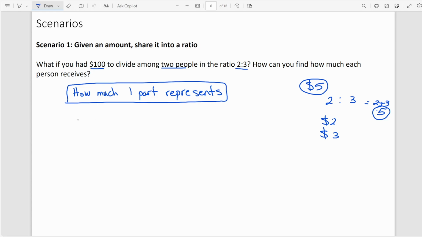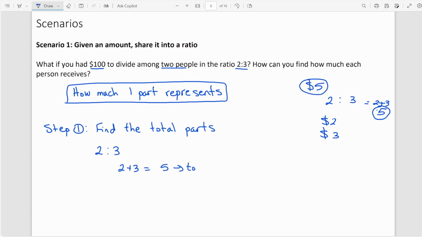Well, firstly, step one is find the total parts. My ratio is 2 to 3. The total parts is going to be 2 plus 3, which is equal to 5.